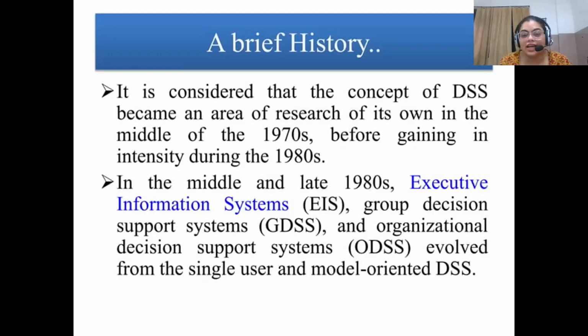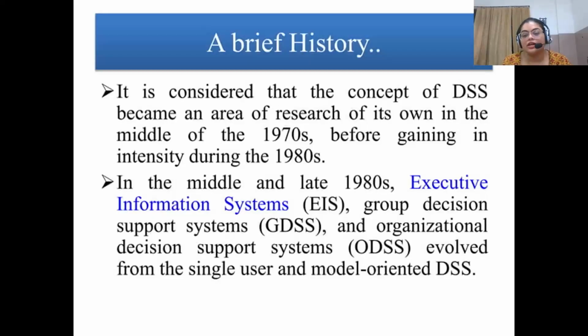It is considered that the concept of DSS became an area of research of its own in the middle of the 1970s before gaining in intensity during the 1980s. And in the middle and late 1980s, executive information systems, group decision support systems, and organizational decision support systems evolved from the single user and model oriented DSS.